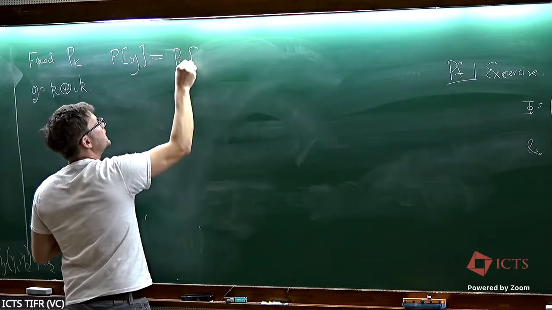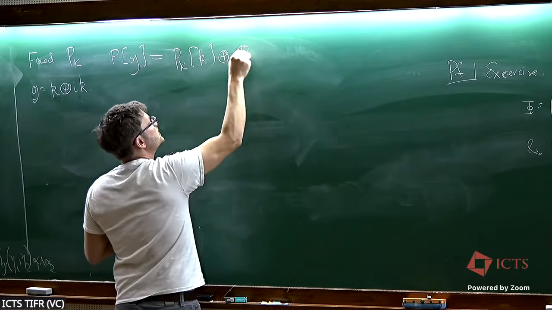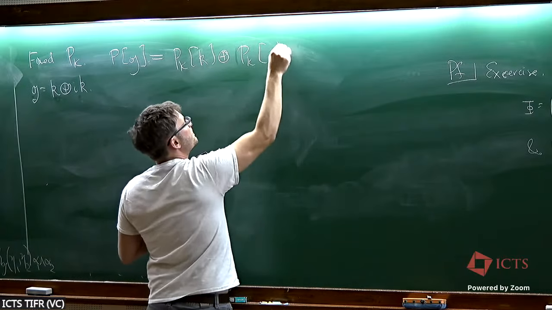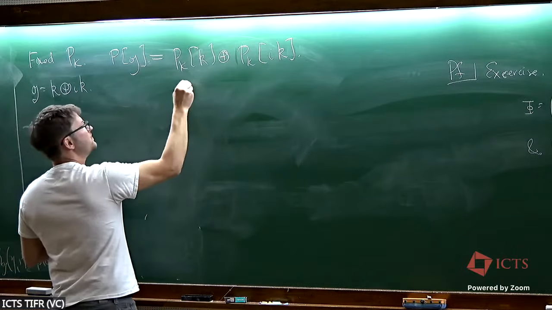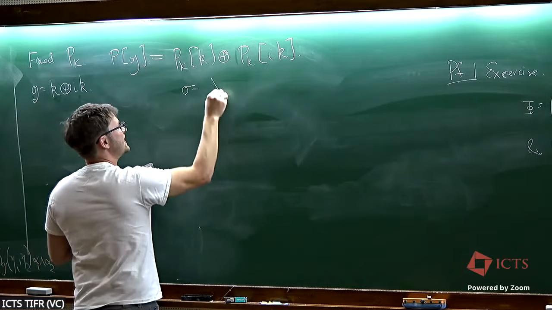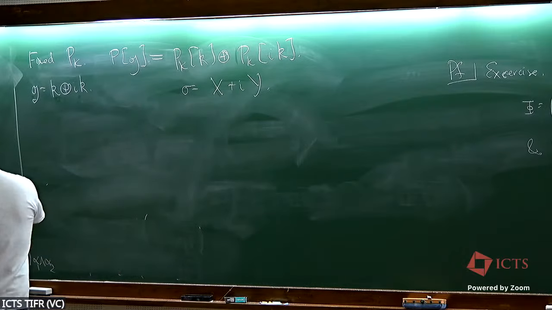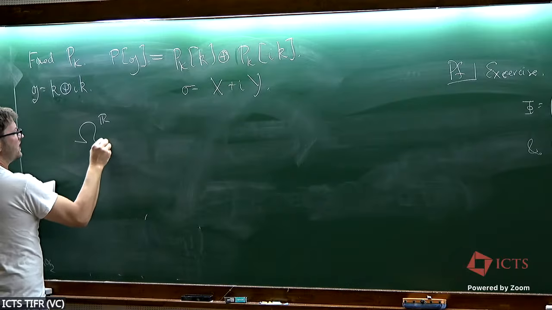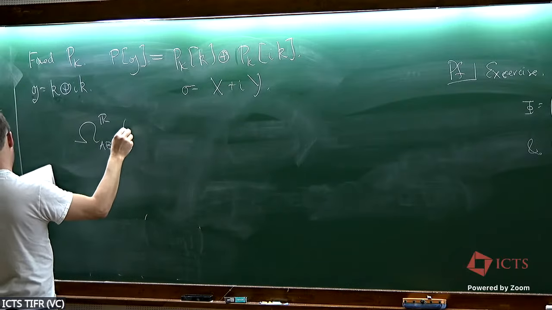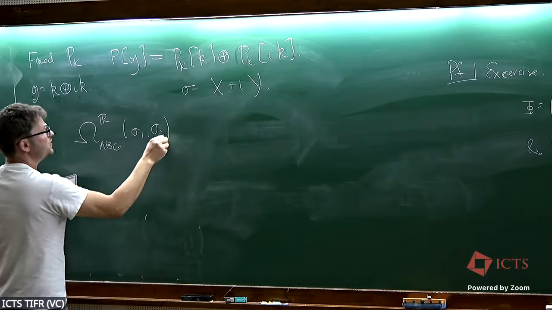So I get to decompose my bundle like this. That means I can decompose this one form valued section as x plus iy, and I'll just take the real part of the Garcia-Prada-Goldman form, sigma 1, sigma 2.